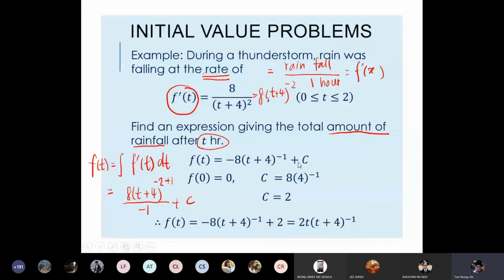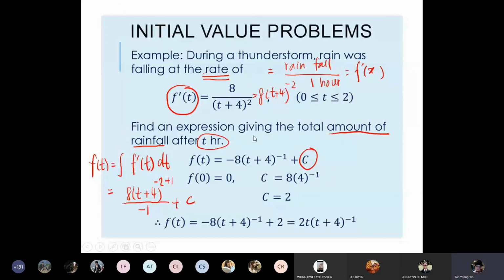Now, after that, we want to find the C, because we need to know the total amount of rainfall. So what do we substitute? Any given value here? Student, any given value here? 0 to 2.